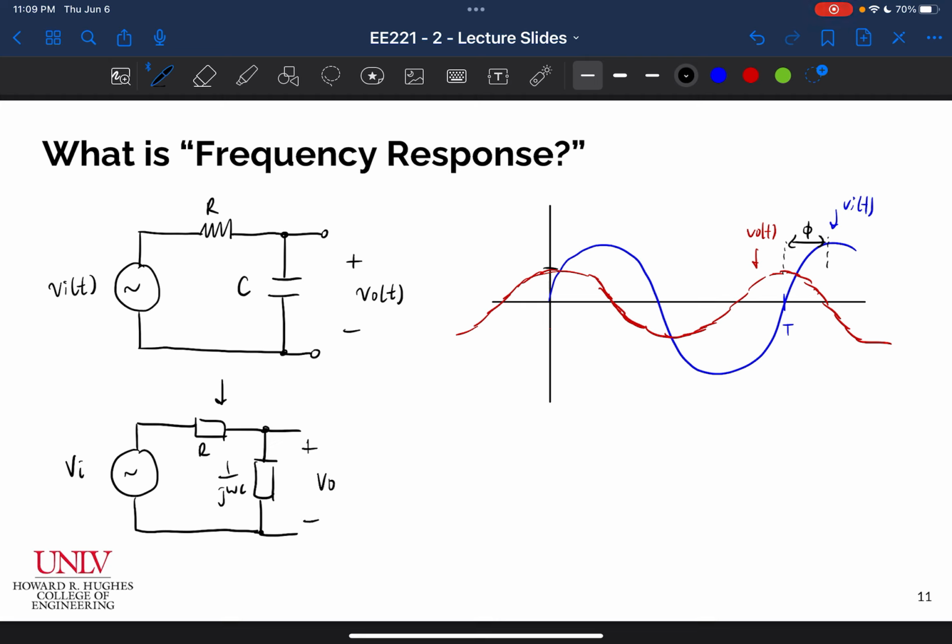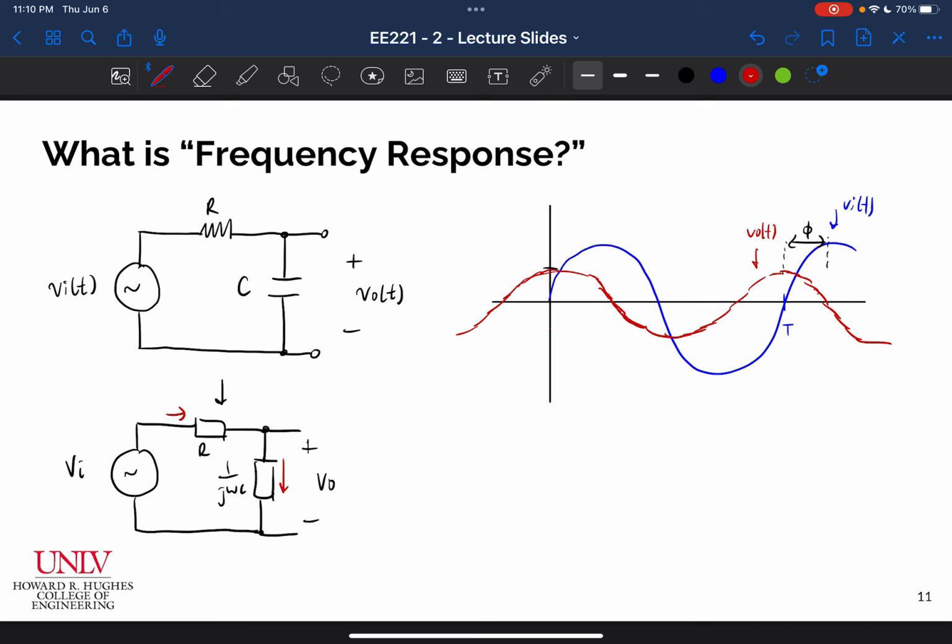And the reason why we could abstract away the frequency is because we know that for these linear circuits, the frequency doesn't change. Whatever the frequency of my input voltage is going to be the frequency of my output voltage, which is going to be the same frequency as my current flowing through the capacitor, my current flowing through the resistor, etc. So for these linear networks, the frequency is kind of a constant.